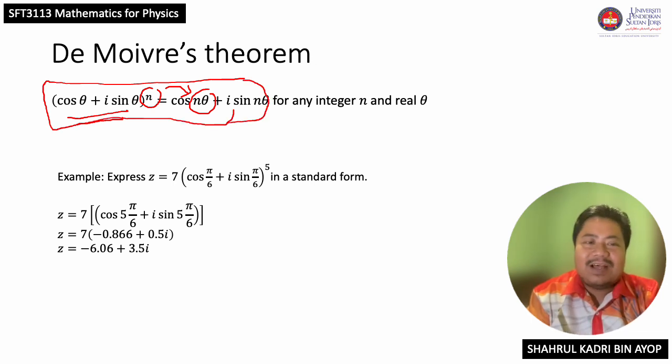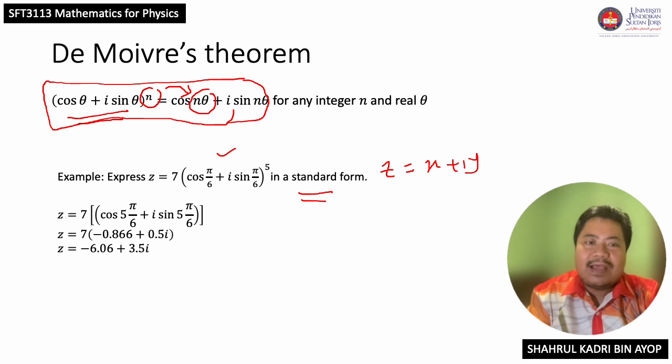For example, express this complex number in standard form. What is the standard form? Standard form is x plus iy.